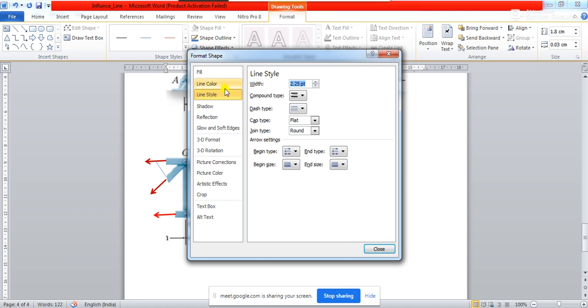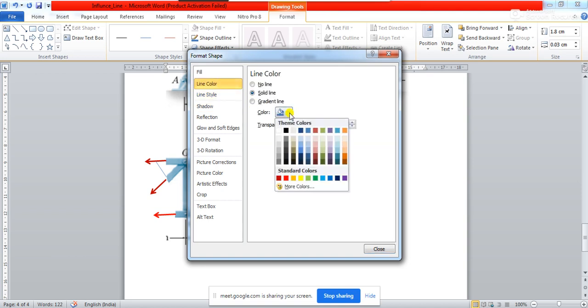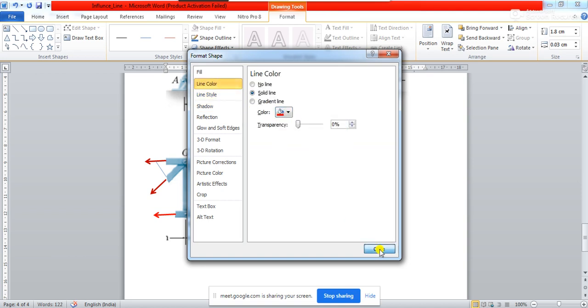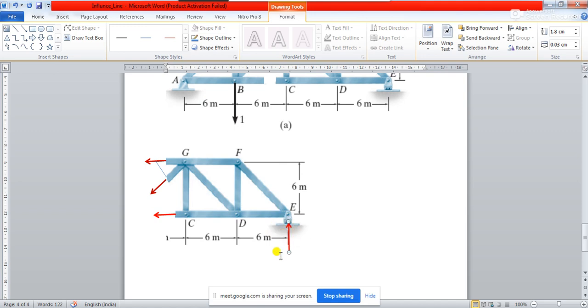You have calculated the value of RE. So what is this value of RE? For this position of load, that means when the unit load is at B, the value of RE is equal to 0.25. Now consider the equilibrium of this portion of the truss and try to find out the value of FGB.